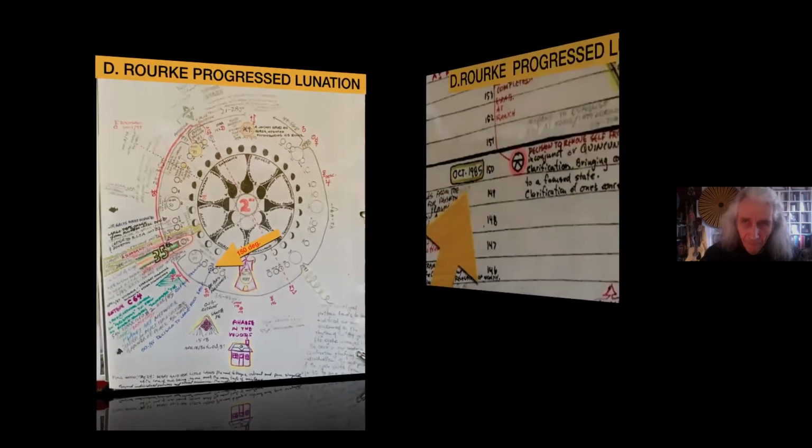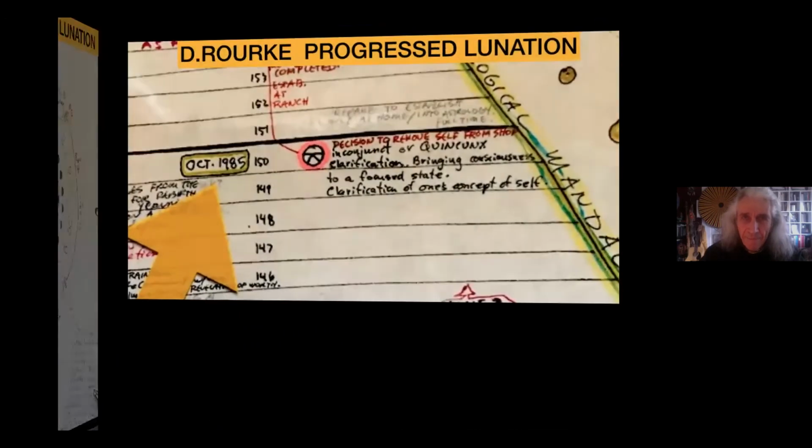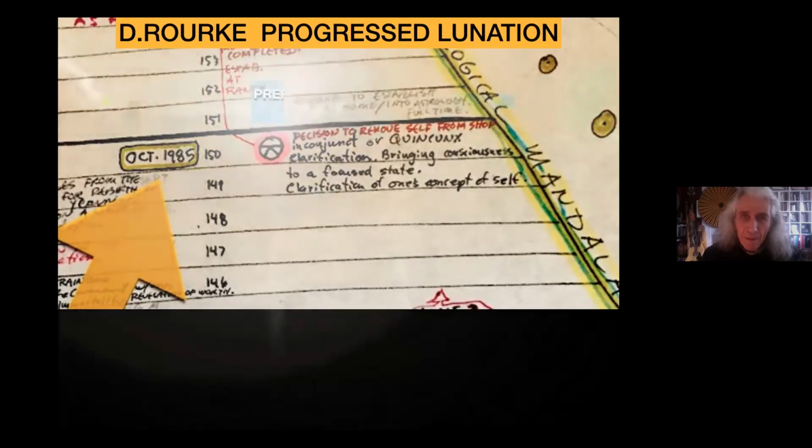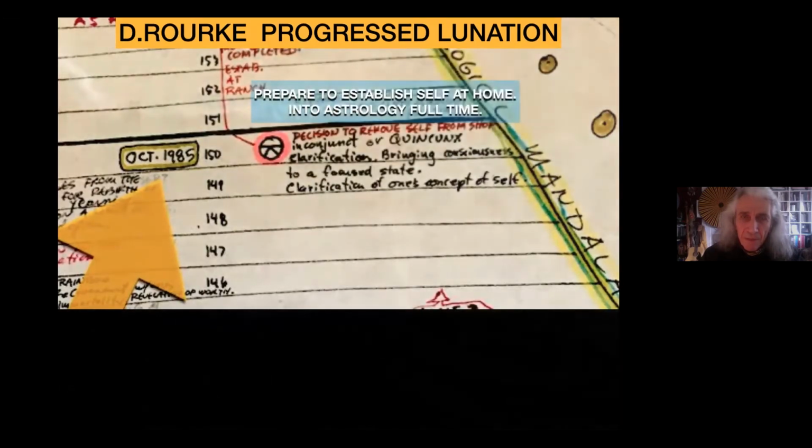When we zero in, the inconjunct or quincunx, as I understood it at that time, is clarification, bringing consciousness to a focused state, clarification of one's concept of self. Now that was exactly what I was going through, clarifying my concept of self.